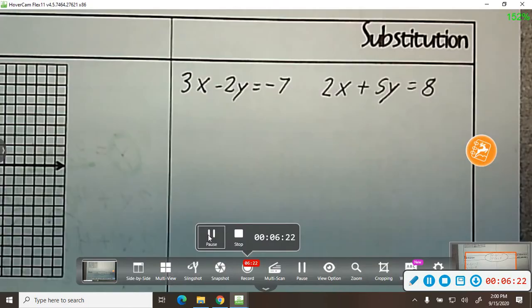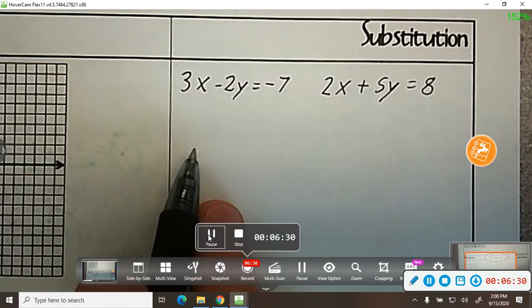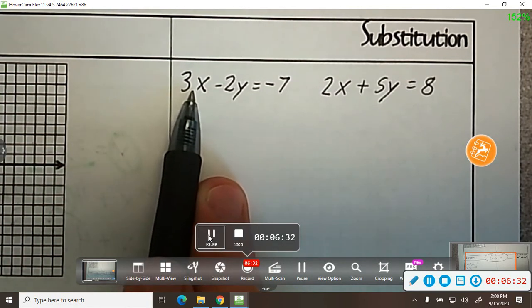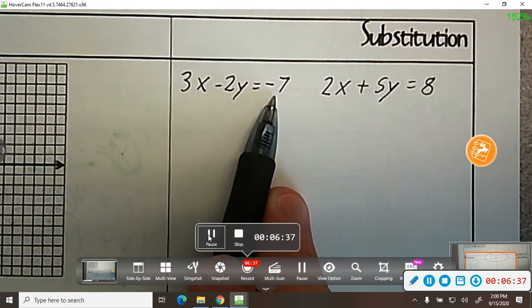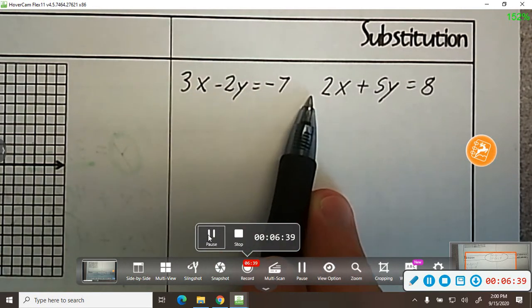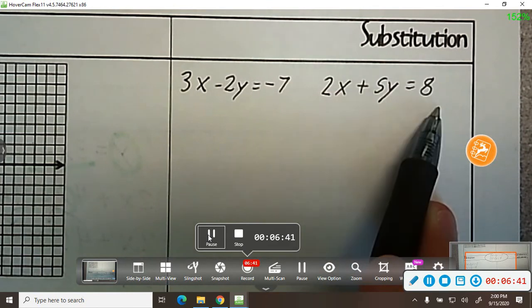Alright, finally on substitution. Substitution is not going to be fun. I might even lose some of you and you may not understand what I'm doing. So you have to decide, do I isolate for this x, which has a 3, this y that has a 2, this x that has a 2, or a 5, or an 8.